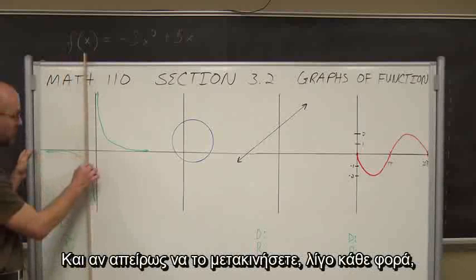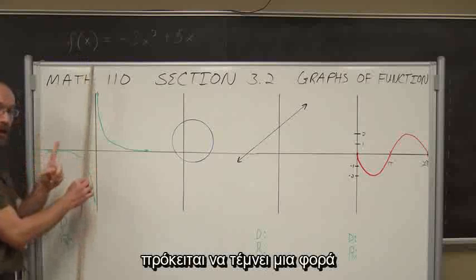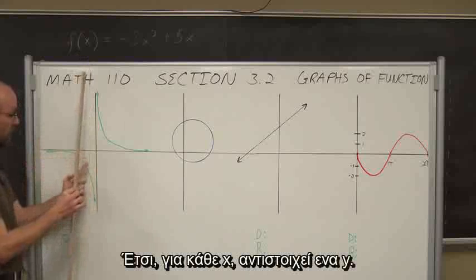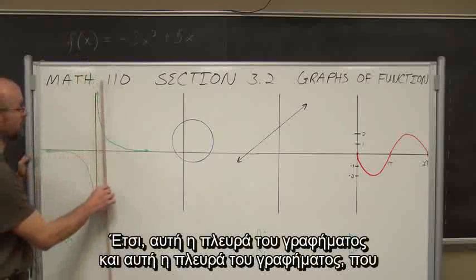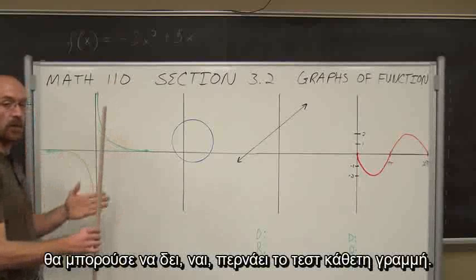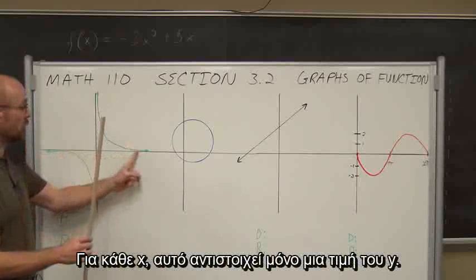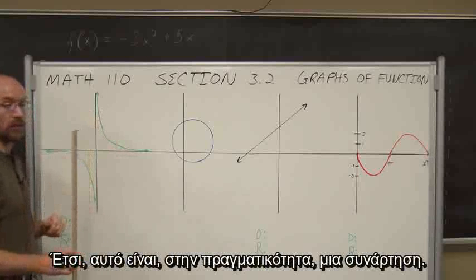And if I infinitely move it a little at a time, it's only going to intersect this one time. So for each x, it corresponds to one y. So this side of the graph and this side of the graph, yes, it passes the vertical line test. For each x, it only corresponds to one value of y. So this is, in fact, a function.